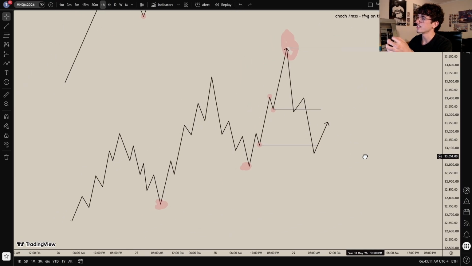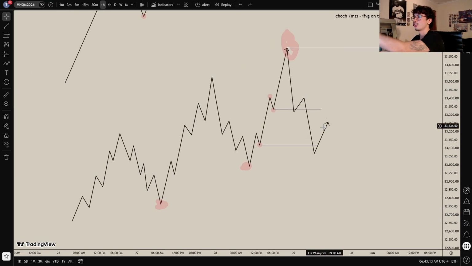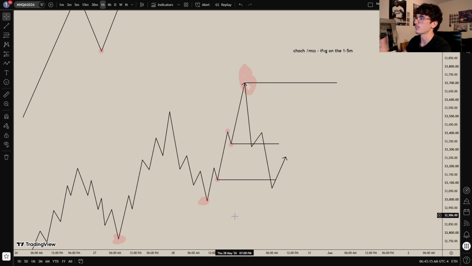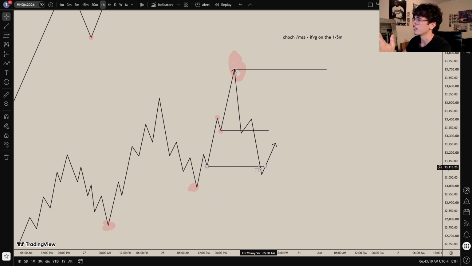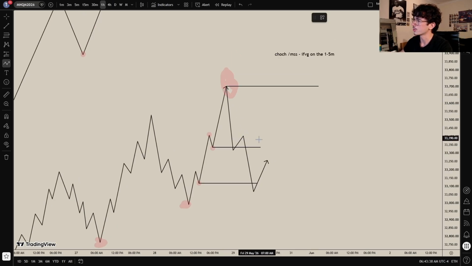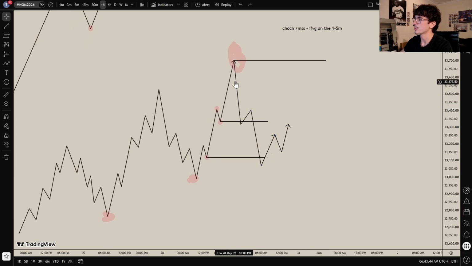And as you can see here, the overall external market structure is extremely bullish, but the internal market structure here is actually bearish. So for me to take my trade towards this external liquidity, I want the internal structure to also be bullish. So here, the market structure is bearish. Now I want to see it create a higher low and a higher high to switch the internal from bearish to bullish so that I can take my entry.